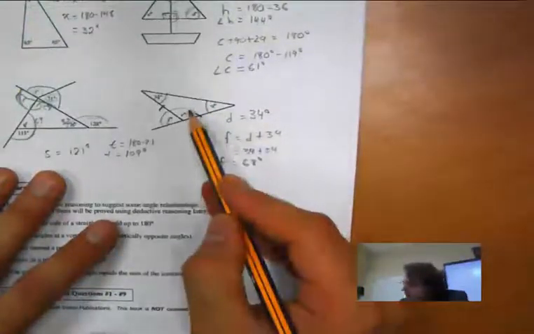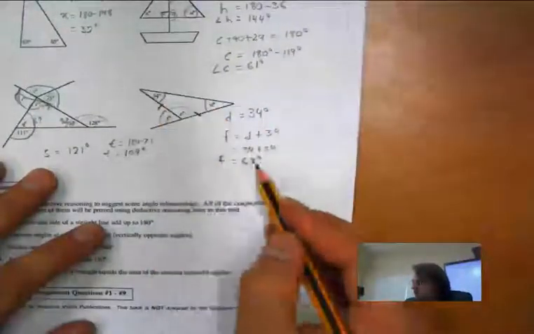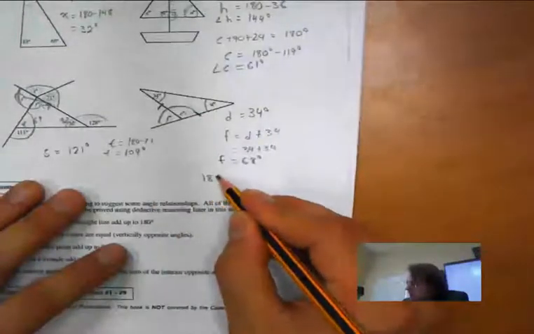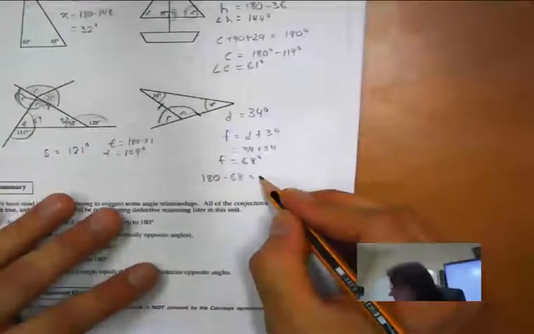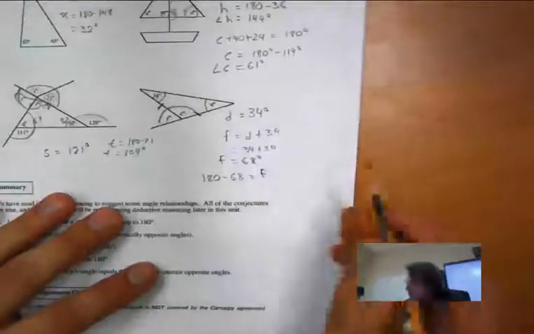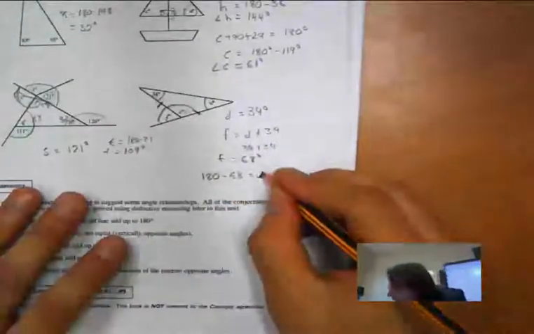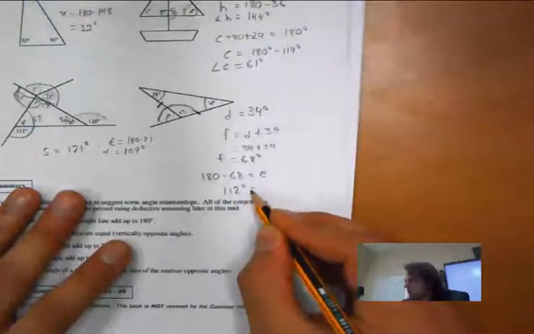Now we have one more angle to find out, angle E. This is a straight line. I could have done the triangle way. So we know 180 minus 68, angle F, is angle E. And I'm going to get 112 degrees is equal to angle E.